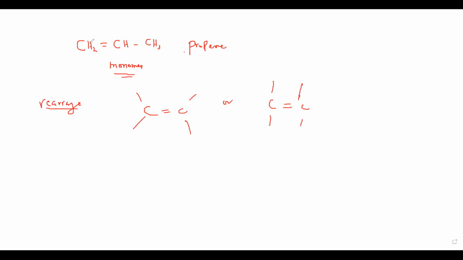The 2 carbons having the double bond are drawn, one side having 2 hydrogens, one hydrogen up and one down. Then the other carbon has 1 hydrogen, and the second group is the carbon chain CH3. So that's also a monomer.